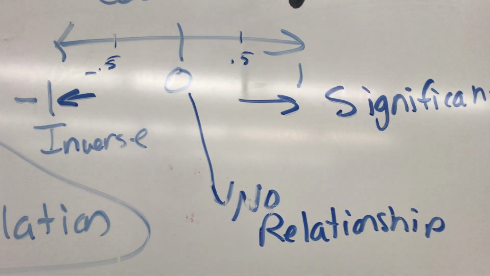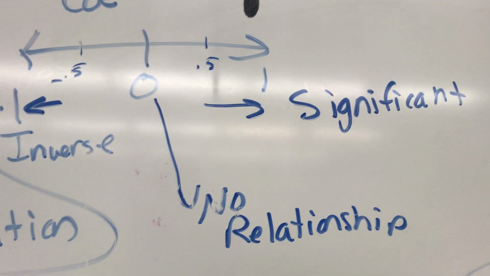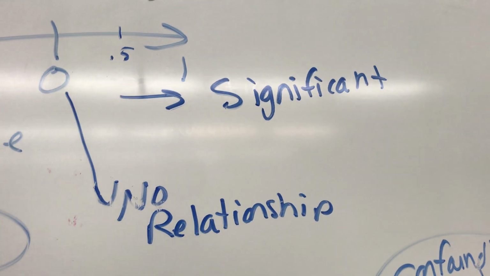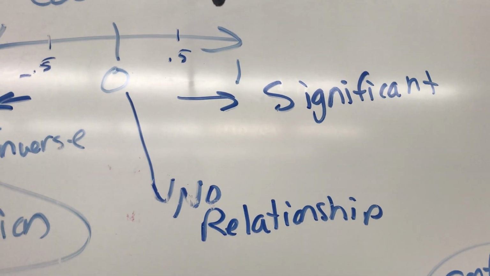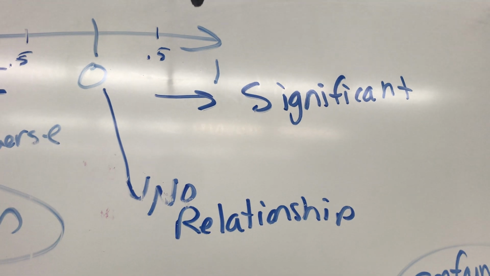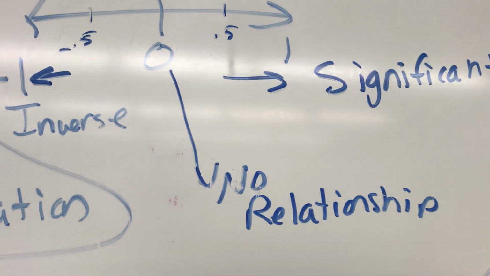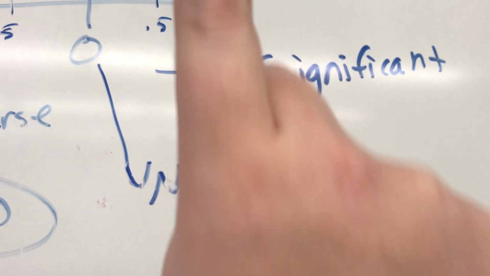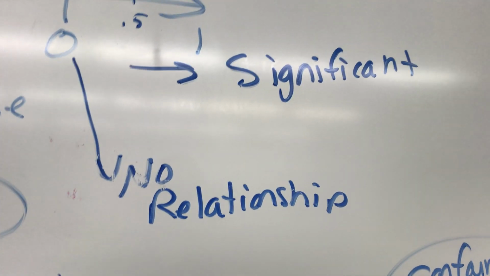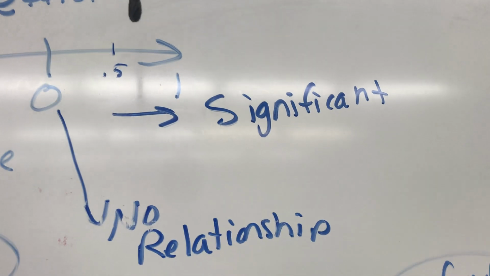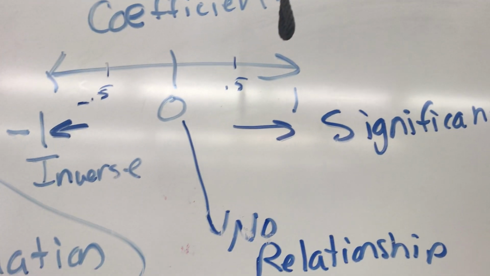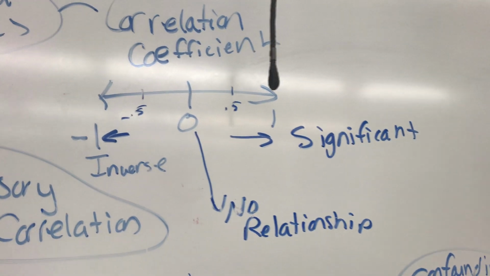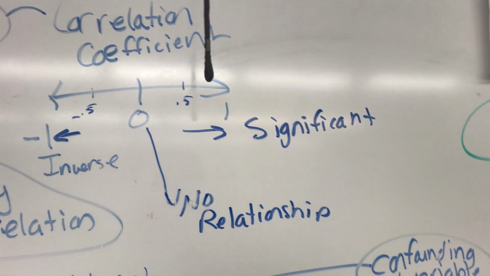One's moving up while the other is going down. A positive correlation simply means that two factors are rising or increasing together. So the hotter it is outside, the more your air conditioning runs. Both increase at the same time. That's the difference between positive versus negative. Negative is also called an inverse relationship.